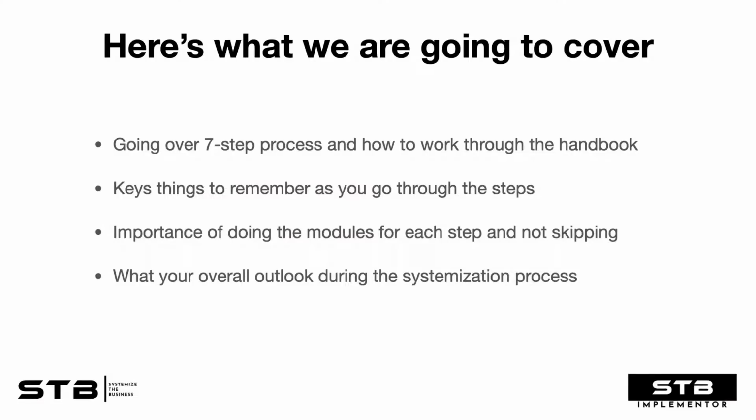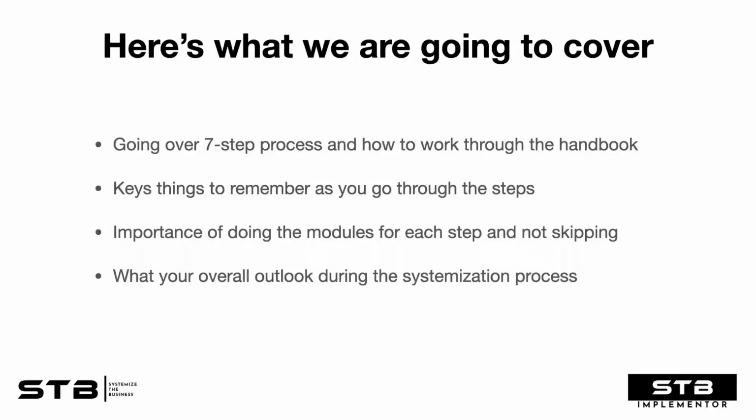So here's what we're going to be going over. We're going to go over the 7-step process and how to work through the handbook. As you'll see, the handbook is an interactive PDF, so you can move along with the different modules.